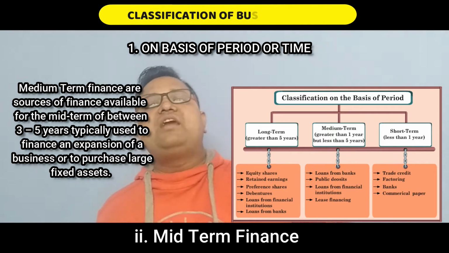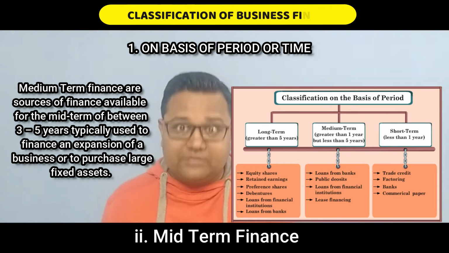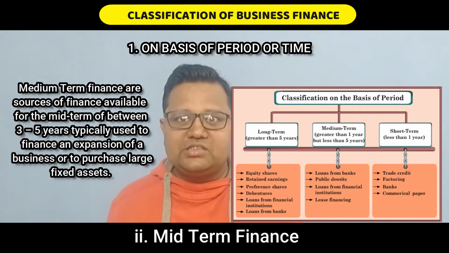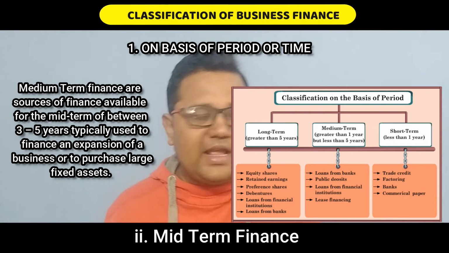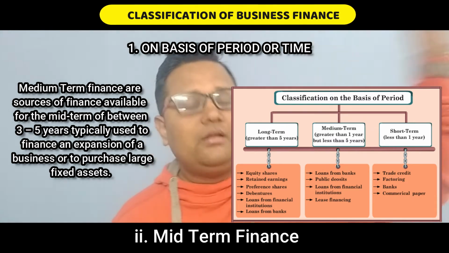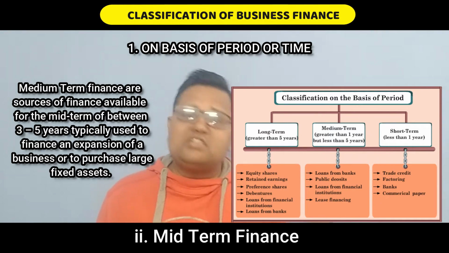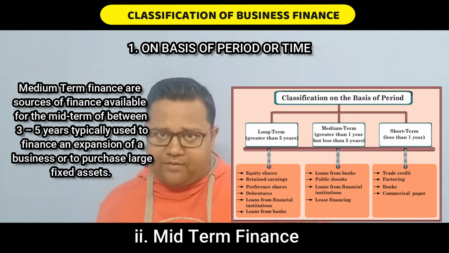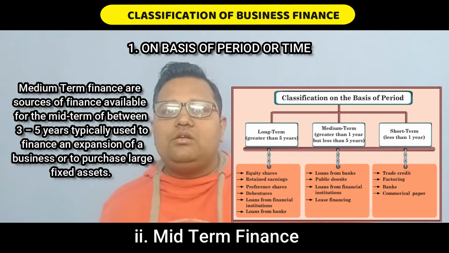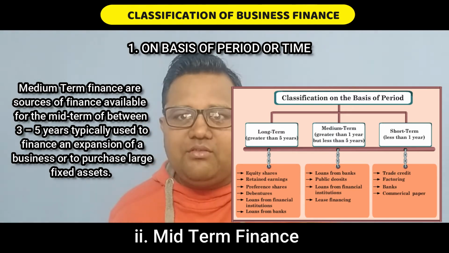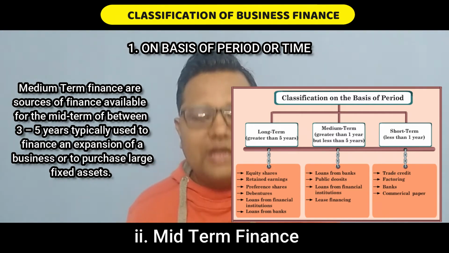What is long-term finance? Fund exceeding 5 years is known as long-term finance. Share, debentures, those are long-term finance. Long-term loan from bank, these are long-term finance. Mid-term finance means fund between 1 and 5 years.